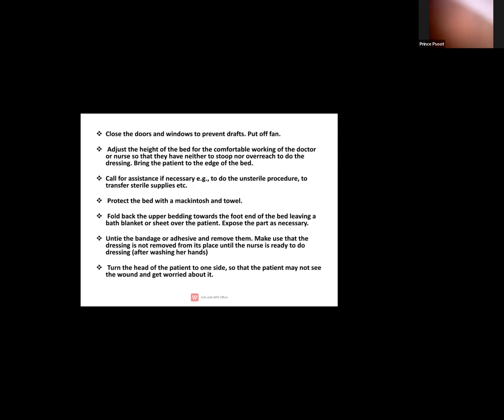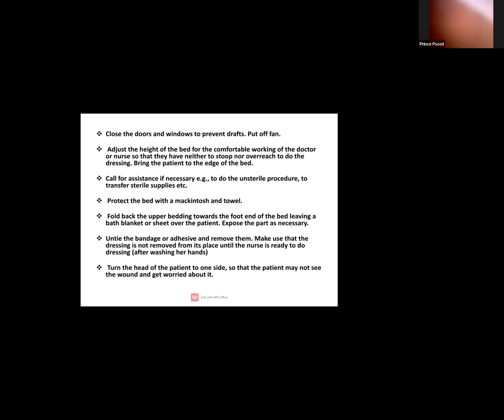If it's a place where the patient cannot turn, let's say the patient has an injury on his side, if you turn this way, it can be stressful. So you can just create a barricade in between the patient and the injury site.